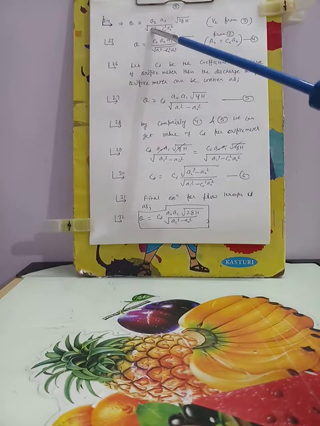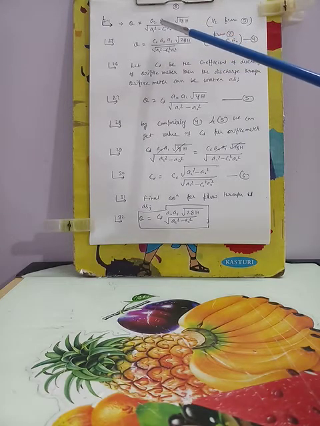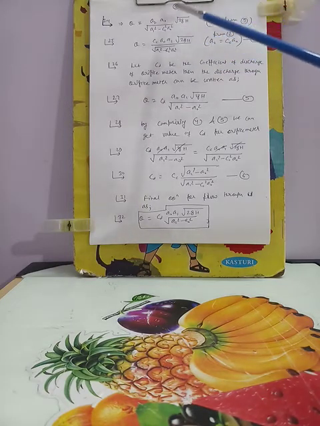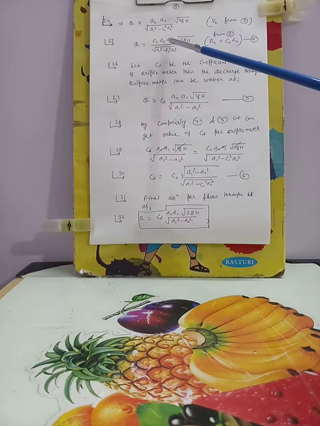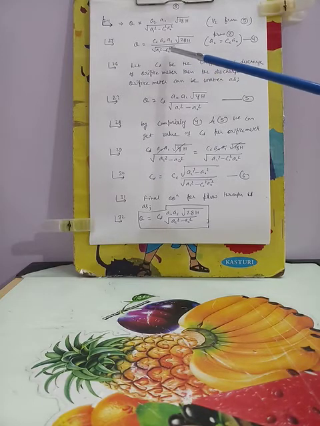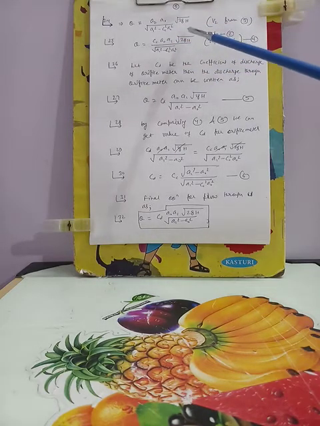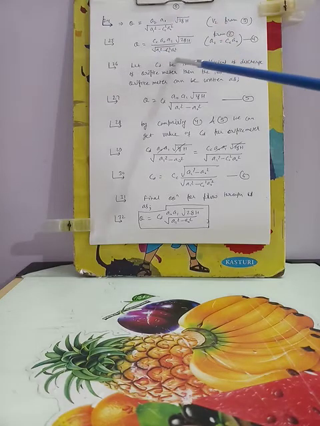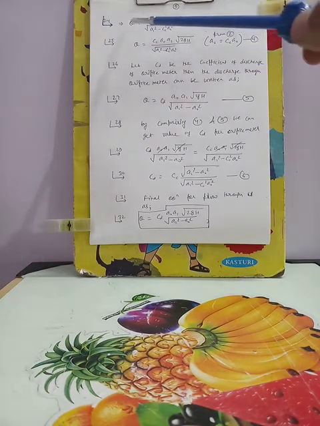So by putting the value of A2 we get Cc A0, and the value of V2 we have already put. So Q is equal to Cc A0 A1 under root 2gh by under root A1 square minus Cc square A0 square. Say this equation as equation 4. So this is the equation for measuring the flow through orifice meter.